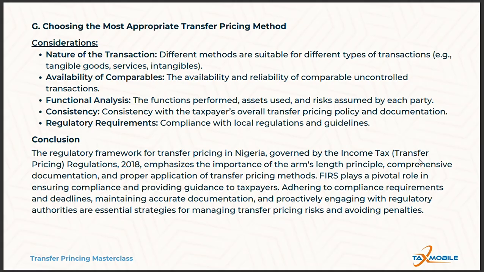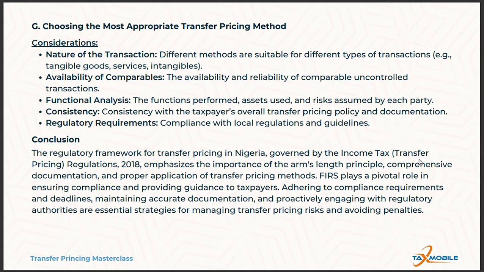selecting the right transfer pricing method depends on the specific characteristics of the transaction, the availability of comparable data, the functions and risks involved, and compliance with local regulations. The right choice ensures that related party transactions are priced fairly, minimizing the risk of tax adjustments, penalties, or disputes.